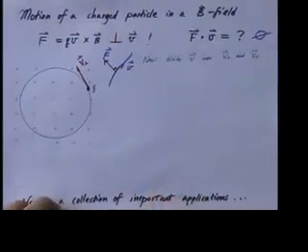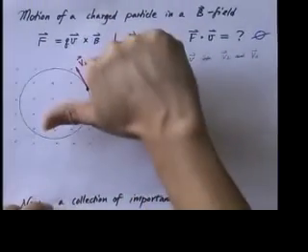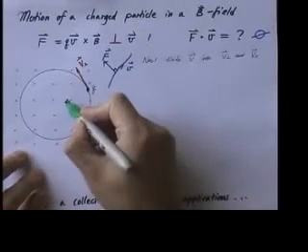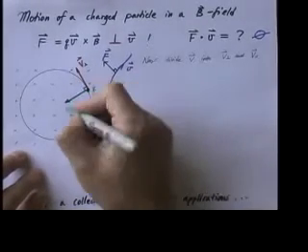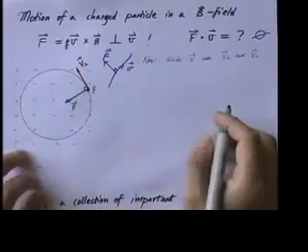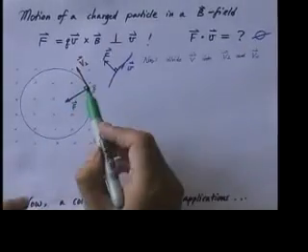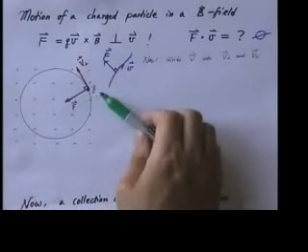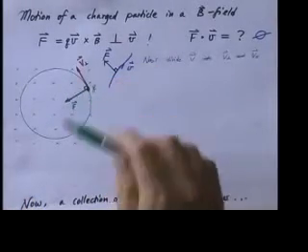Q being positive, V cross B gives you the positive direction of the magnetic force. So you see the magnetic force, therefore, points this way. Okay, this is the magnetic force. And it's always perpendicular to the direction of motion. So as the particle turns around, the magnetic force also turns around, keeping a 90-degree angle from it.